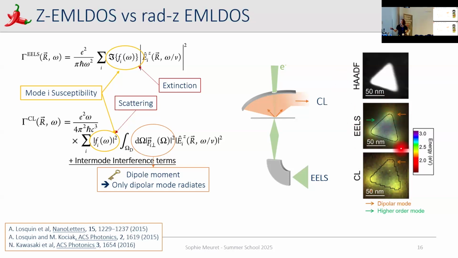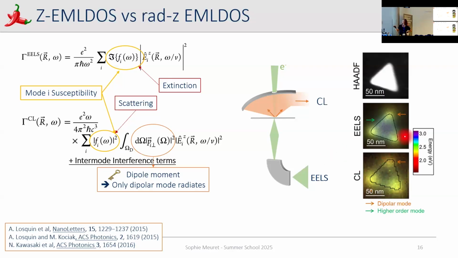We see one at the tip, maybe something like 2 eV, and another one here in the middle, which is basically the second mode, that is more in the green, right? Around 2.9 eV, something like this. But if you look at CL, you only see the first one. The second one is basically not emitting. It's not visible on the spectrum, because the second one is not a dipolar mode, and therefore it doesn't radiate, and you cannot see it in cathodoluminescence.